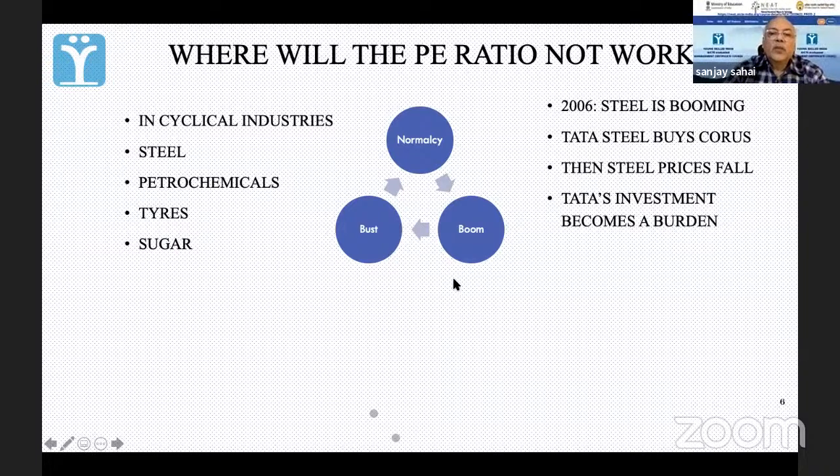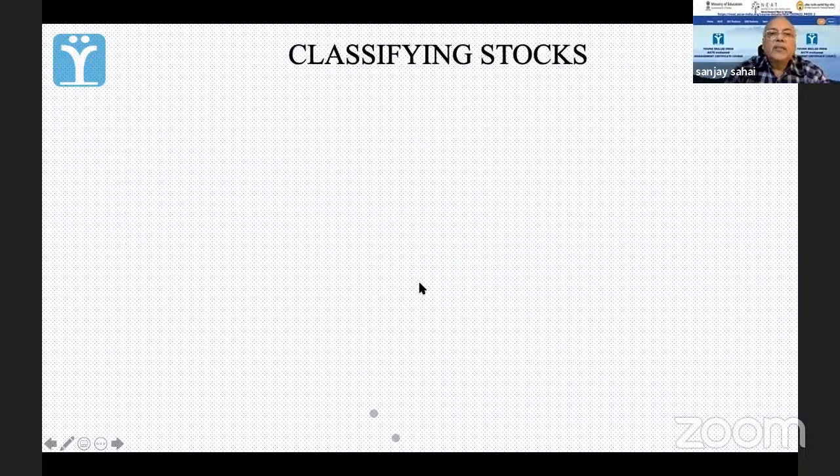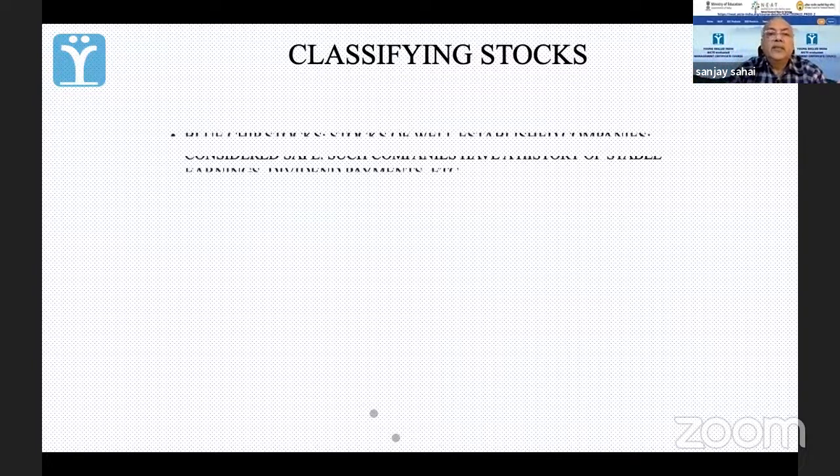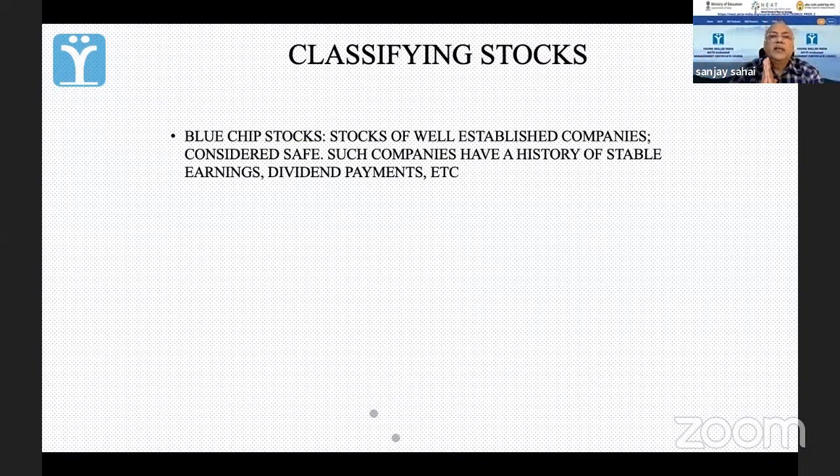Okay, so this is one. Then we come to the next part here. Classifying stocks. So remember this whole cyclical thing and PE ratio and all that. What we were trying to say basically is that there are different types of companies. So let's take the first type. Let's say that you have a concept of blue chip stocks.